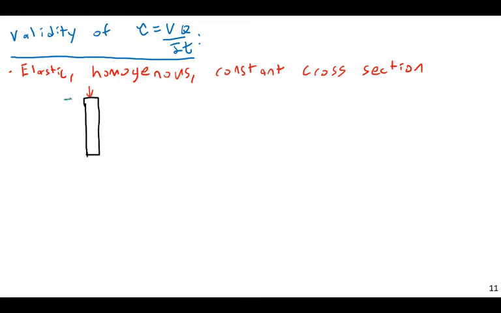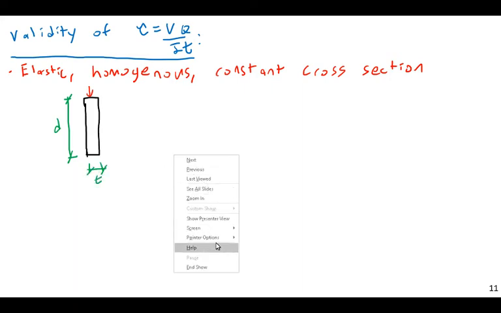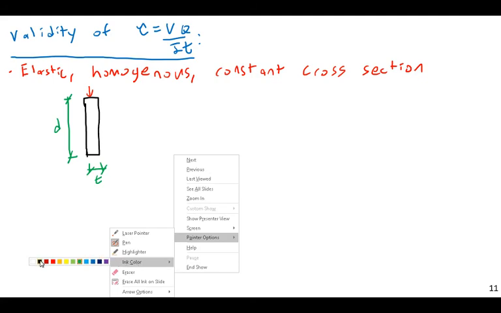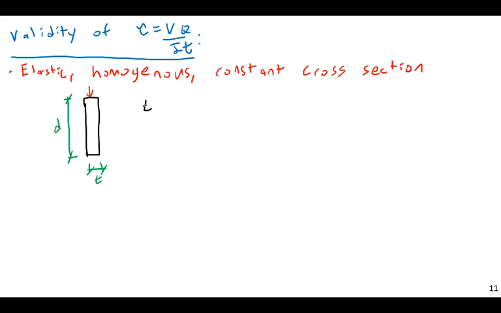So here, D and T. Let's look at a web. As long as T over D is less than or equal to 0.5%, we'll have under 3% error.